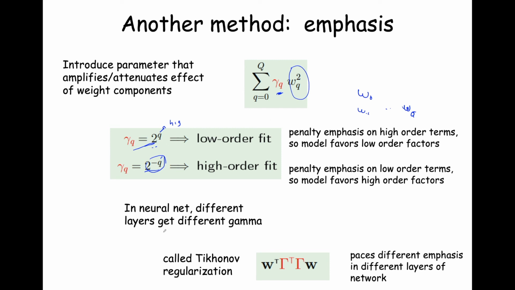And in a neural network, you can have different layers get different gammas, and this is called Tikhonov regularization. Here, capital gamma is just a matrix where the diagonals, along the gammas, will select out different penalties, if you will, for different layers, so you can place different emphasis on the layers.